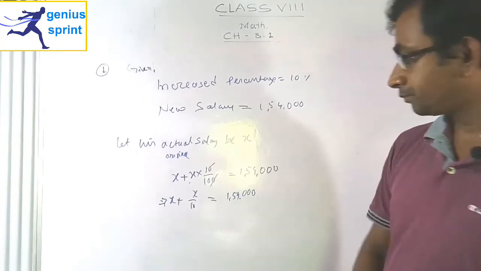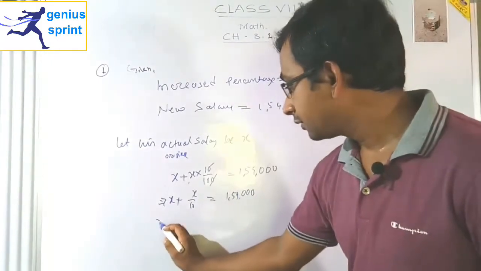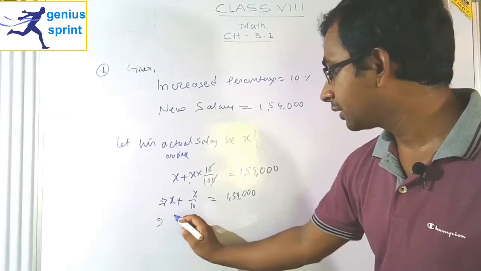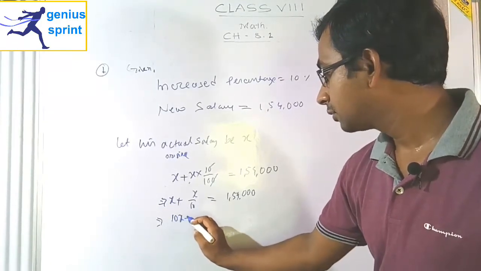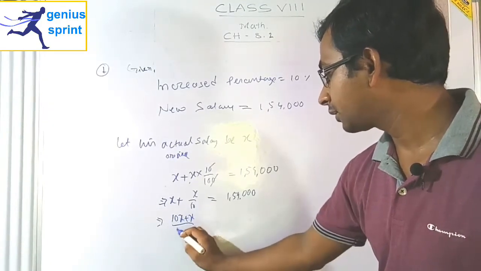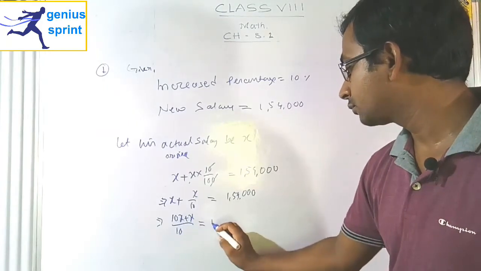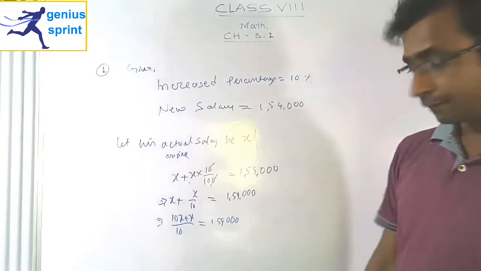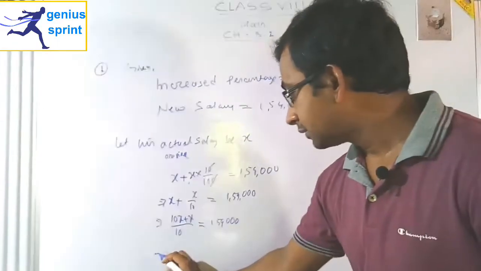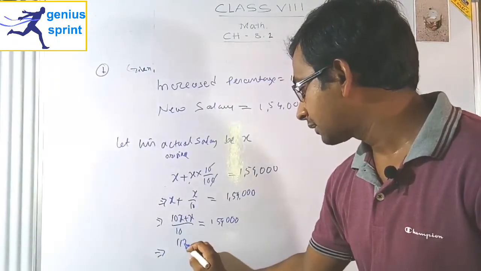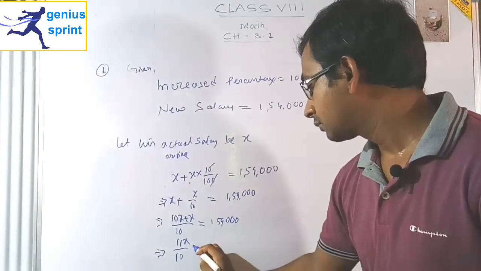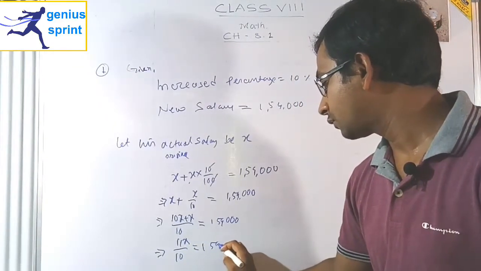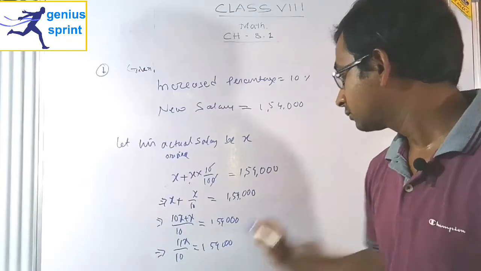If I take the LCM here, I get 10x plus x upon 10 equals 1,54,000. So it is 11x upon 10 equals 1,54,000.